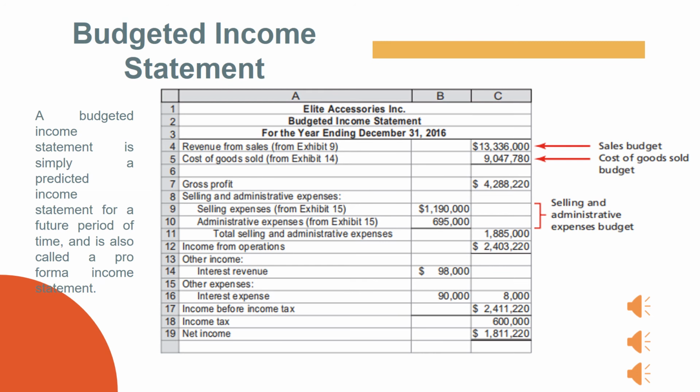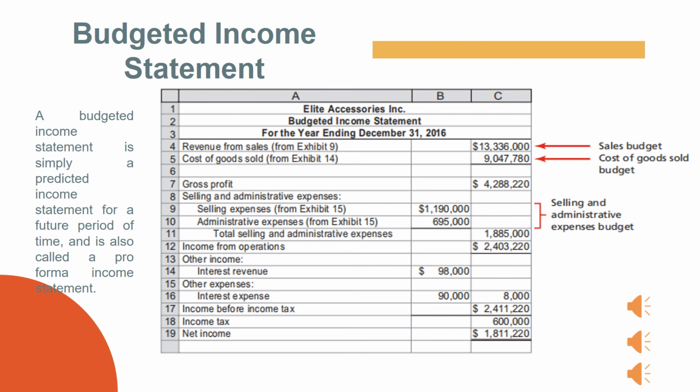So, in preparing your budgeted income statement, as you can see here in this example for Elite Accessories Incorporated, you have your revenue from sales, which is the amount that we were able to come up with a while ago using the sales budget. And then you have your cost of goods sold amount, which was from the cost of goods sold budget that we already prepared.